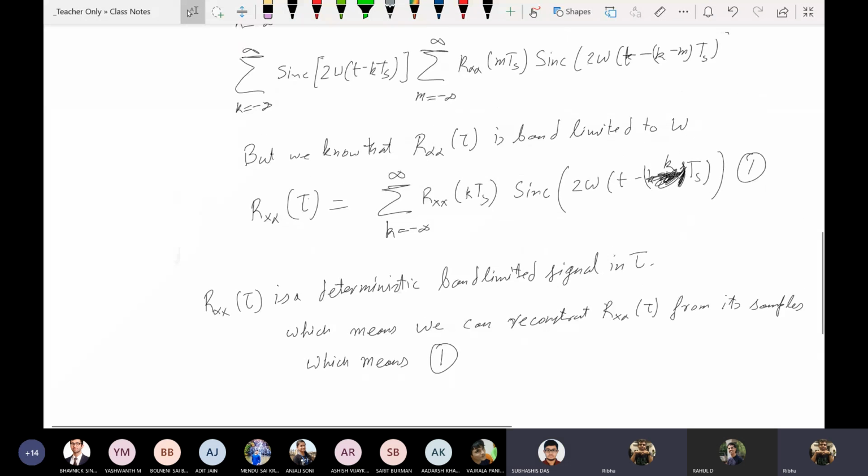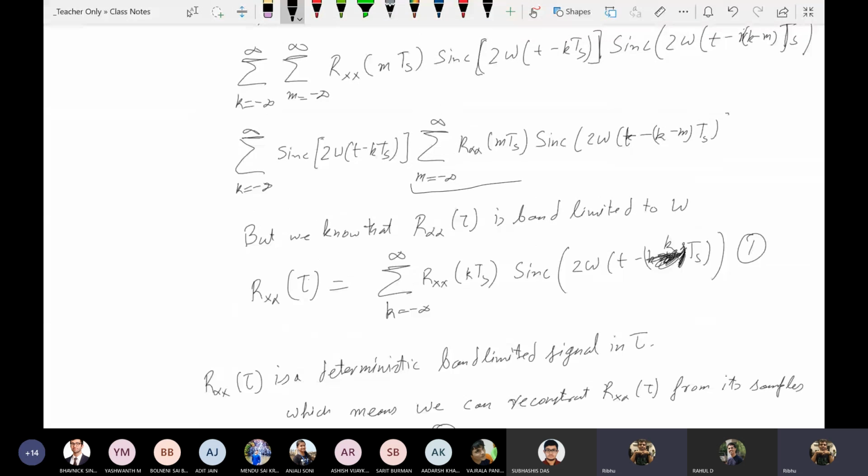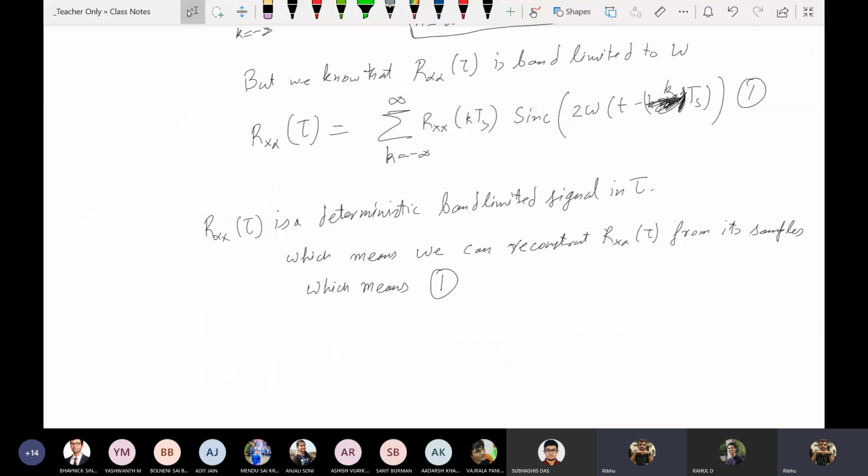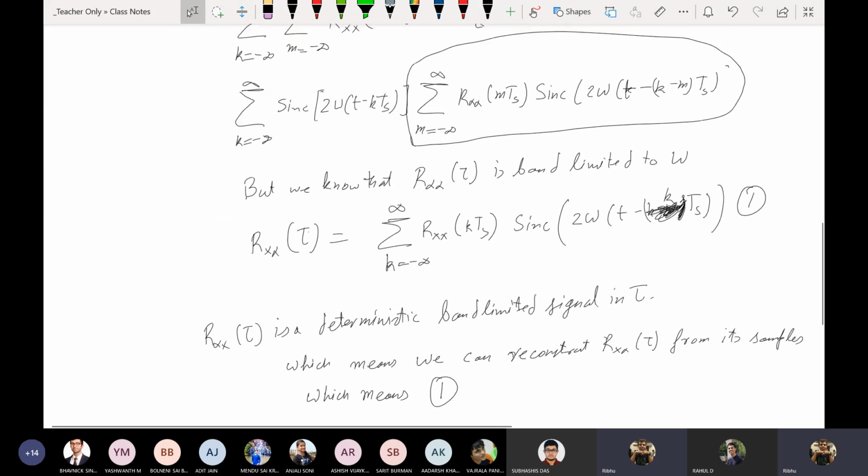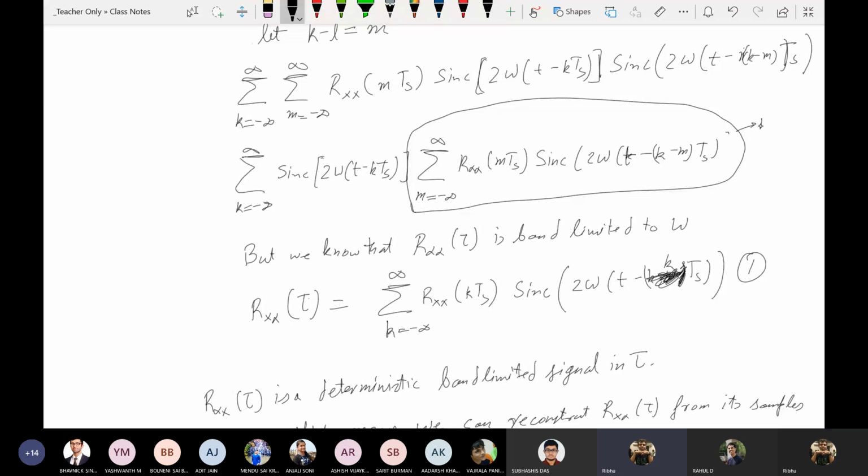Now, we can reduce this expression. This expression therefore reduces to, you just substitute, t minus kTs, one.